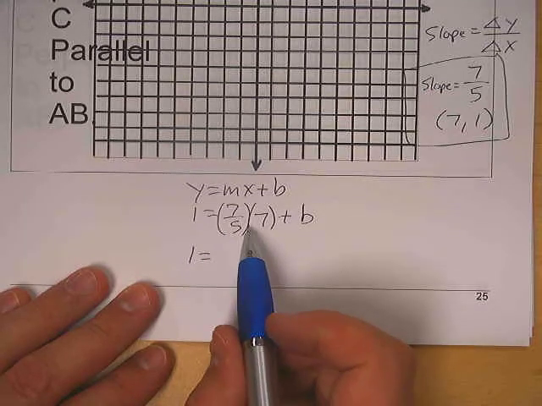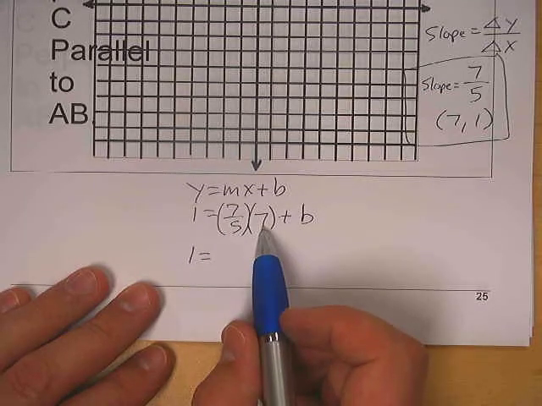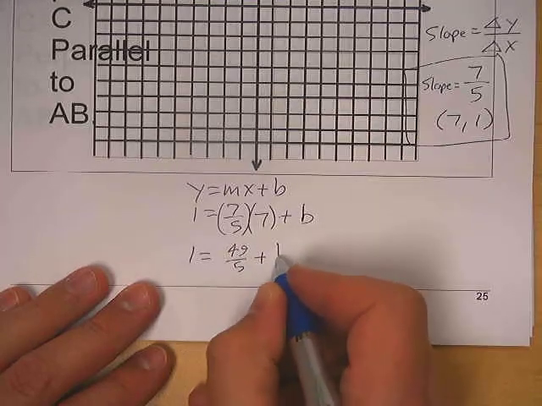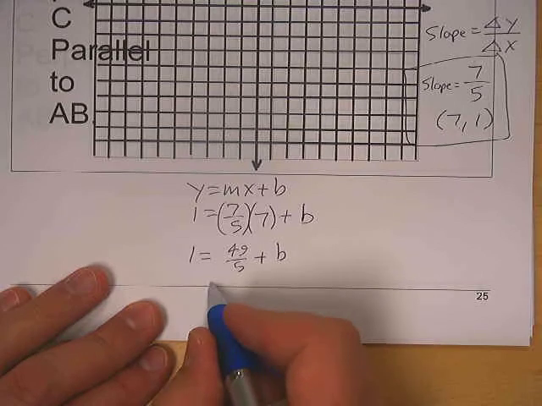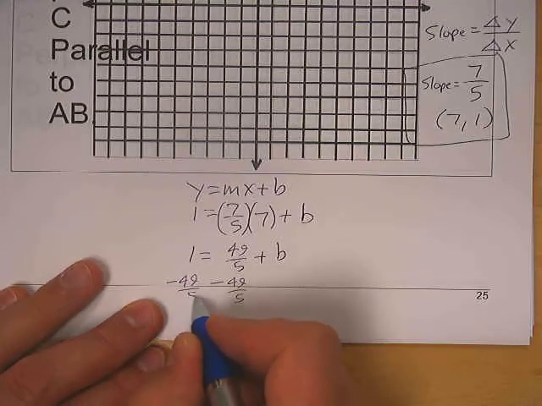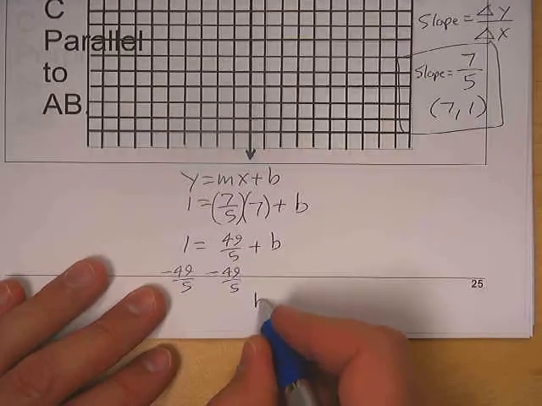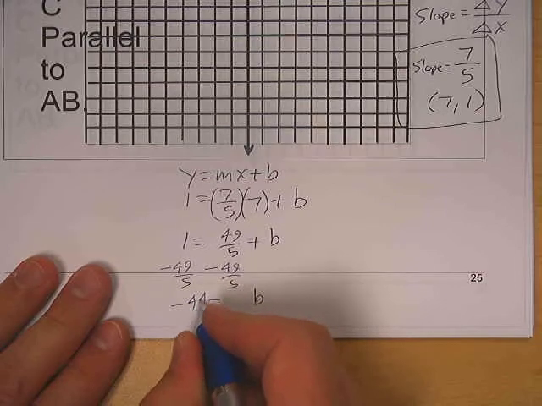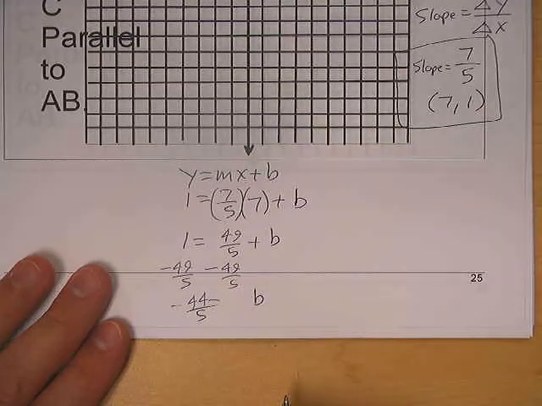So I can multiply this on my calculator. Take 7/5 times 7, which is going to give me 49 over 5 plus b. Now to get b by itself, I subtract 49 over 5 on both sides. When I do that, I get b is equal to a negative 44 over 5.